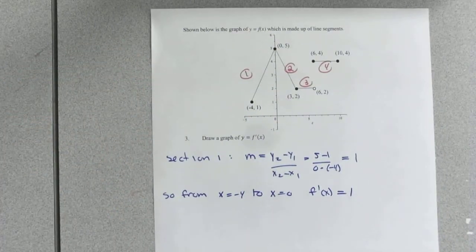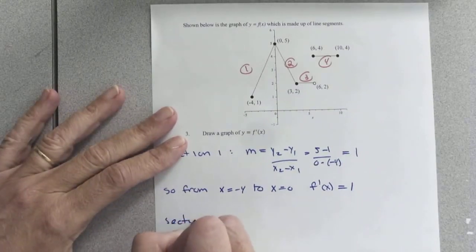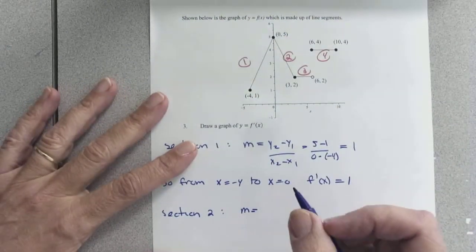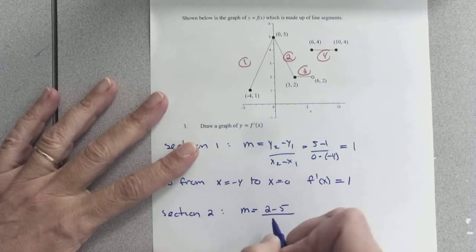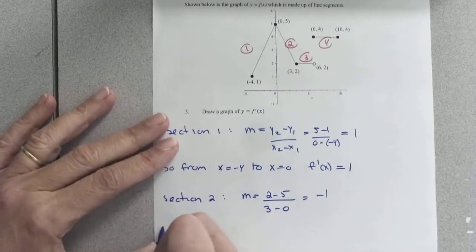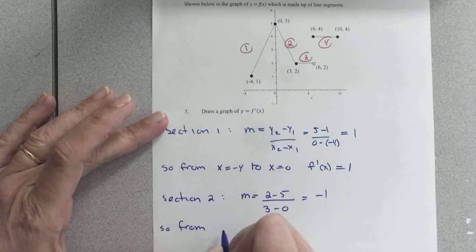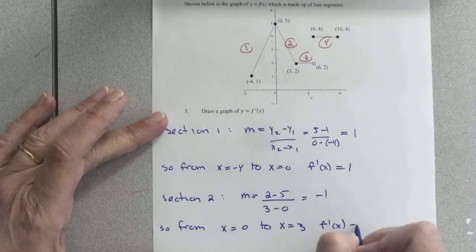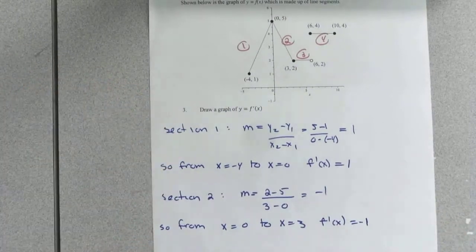That on that first section, the slope is 1, and so that's telling me that when I draw the derivative from x equals negative 4 to x equals 0, the slope, the derivative is going to be 1. Section 2, just using those 2 points there, we've got 2 minus 5 over 3 minus 0, and that's going to be negative 1. And so from x equals 0 to x equals 3, f prime of x equals negative 1.